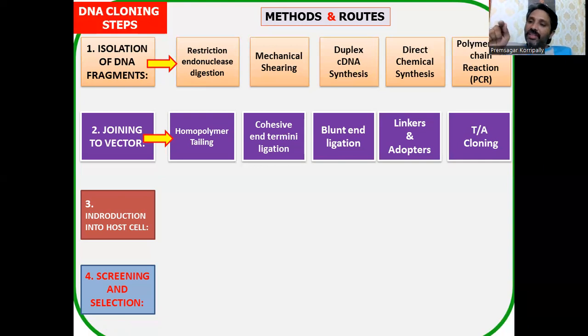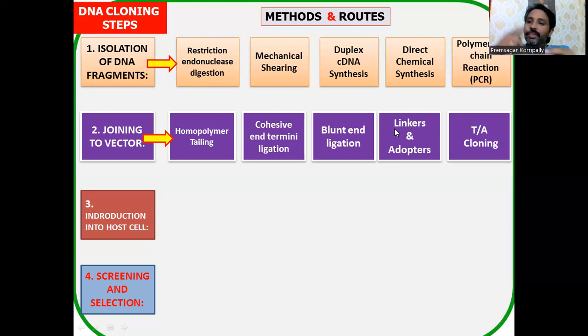If your vector is having the free T, and your insert, the DNA fragment you get through the PCR, has an A, so A and T are complementary. They can be ligated. That method of joining is called TA cloning.